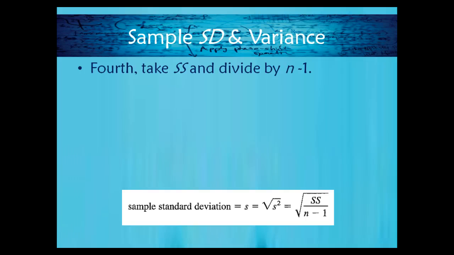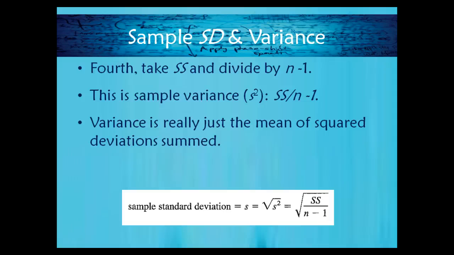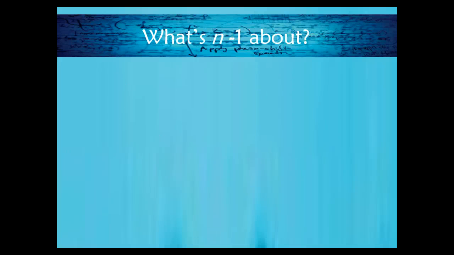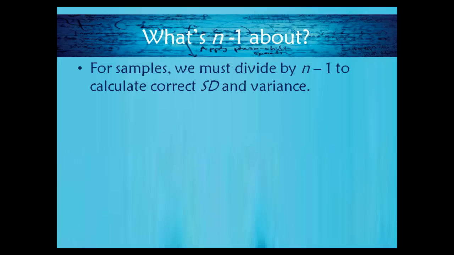So sums of squares divided by n minus 1 will give you the variance, and the square root of this variance will give you the standard deviation, otherwise calculated as the square root of sums of squares divided by n minus 1.